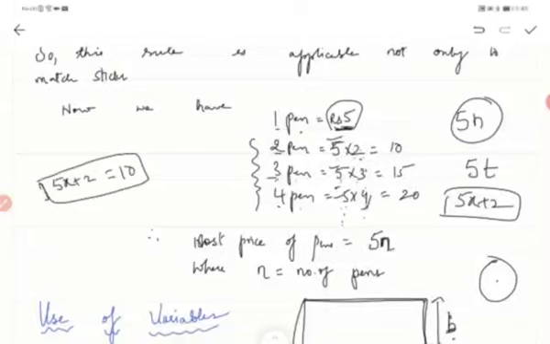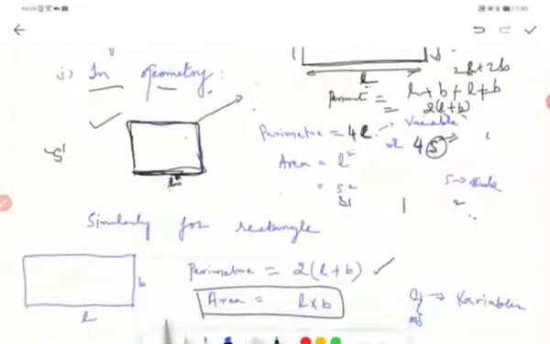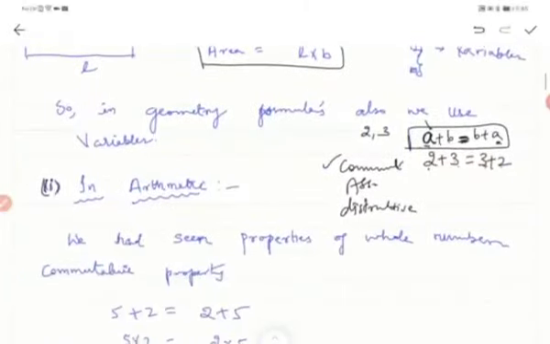Expressions are without an equal to sign and can have variables. When equal to comes, you call that an equation. You write in general with variables, and get the general expression, because with variables it can hold any kind of number. We are generalizing the property.